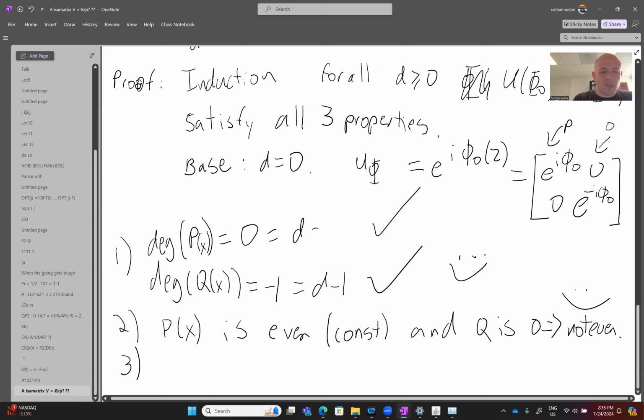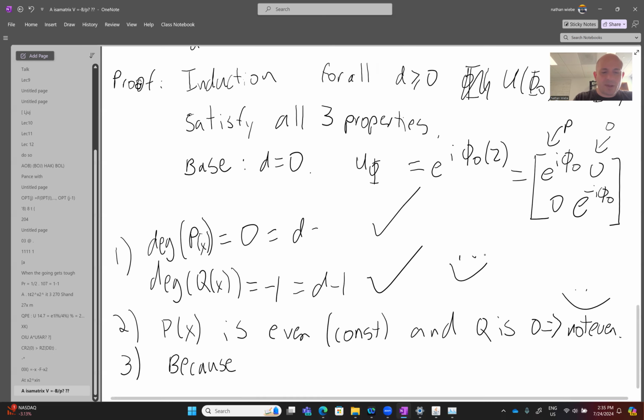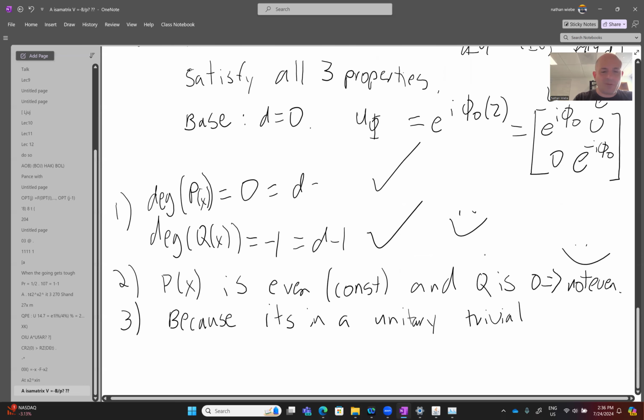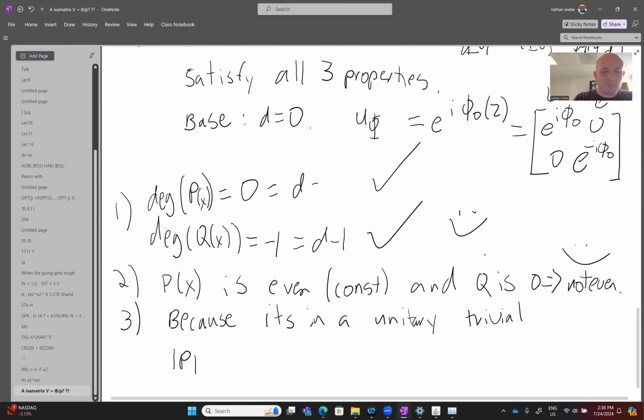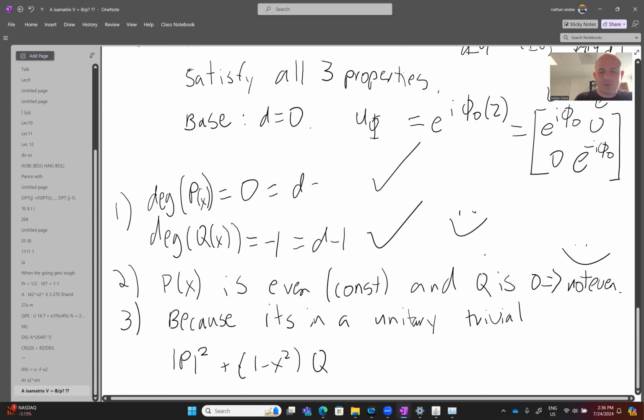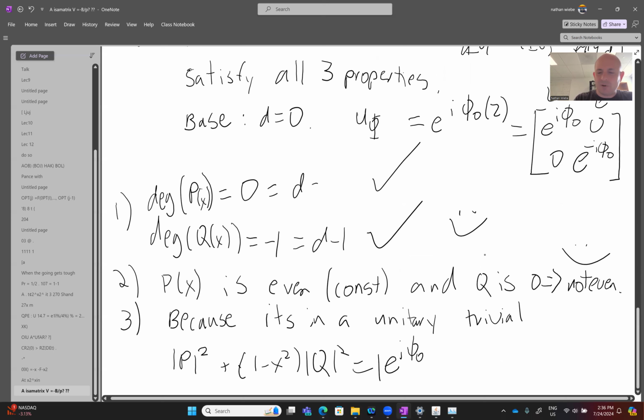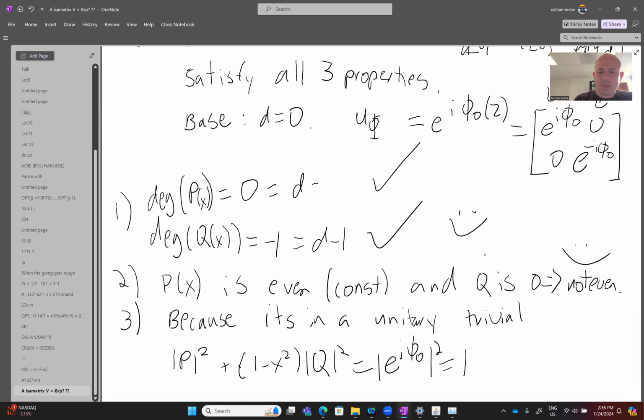Condition 3, because it's a unitary, this is trivial, but we can see that the condition also applies because the magnitude of P squared plus 1 minus x squared Q squared: in this case, Q is 0, P is e to the i phi 0. So this is the magnitude of e to the i phi 0 squared, which is equal to 1.